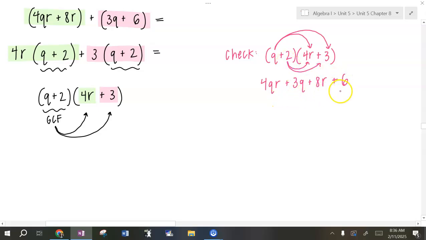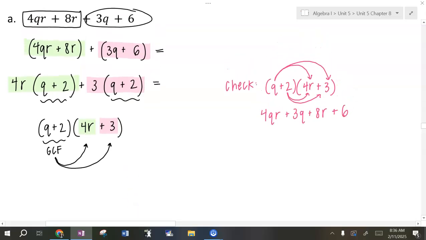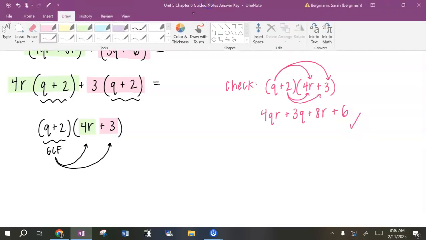None of those terms are like terms, none of them combine. But when we look at our question, yes, the terms are out of order, but we know the order of adding and subtracting doesn't really matter. So this matches the question, so we know we got it right.